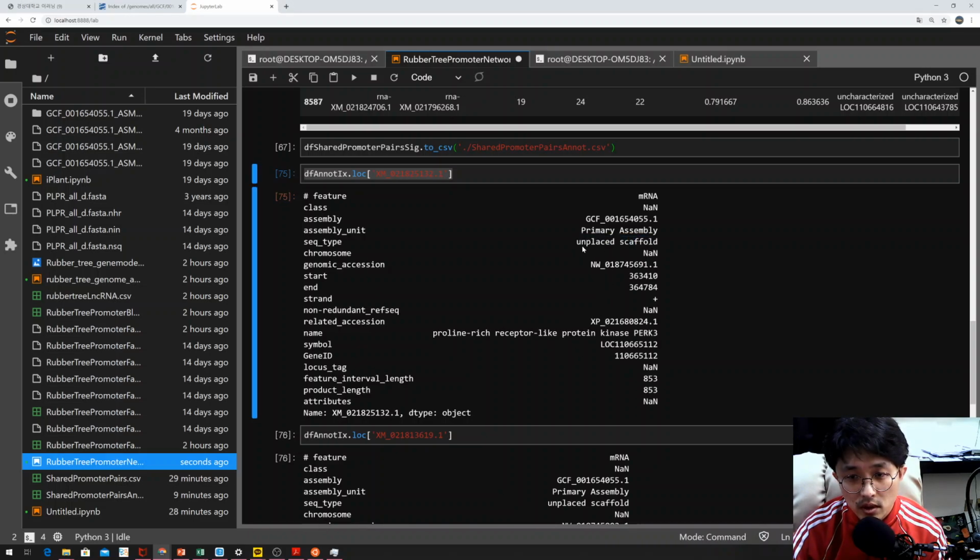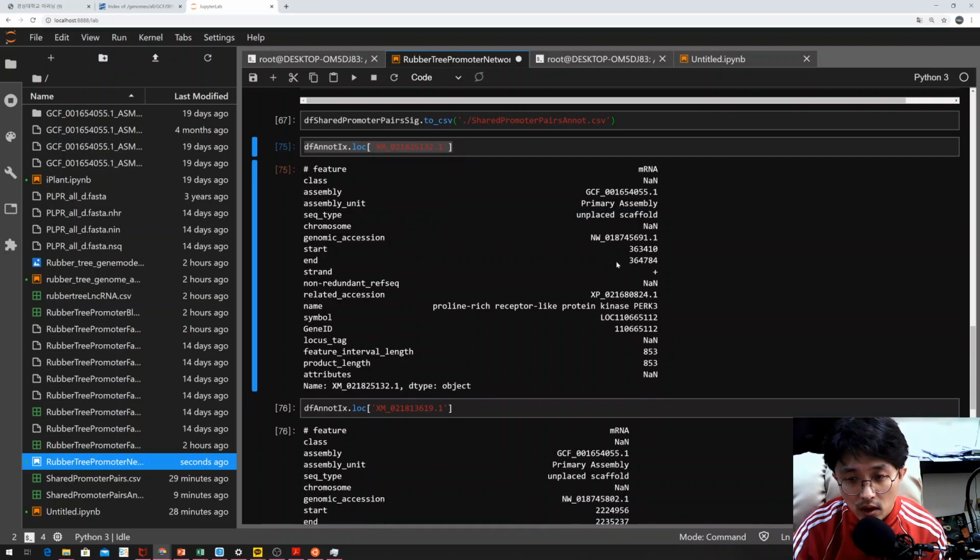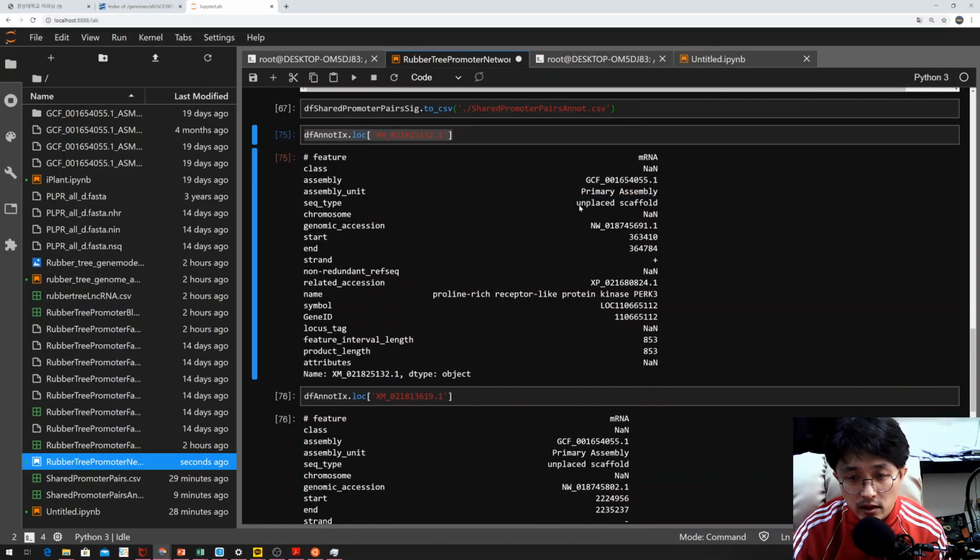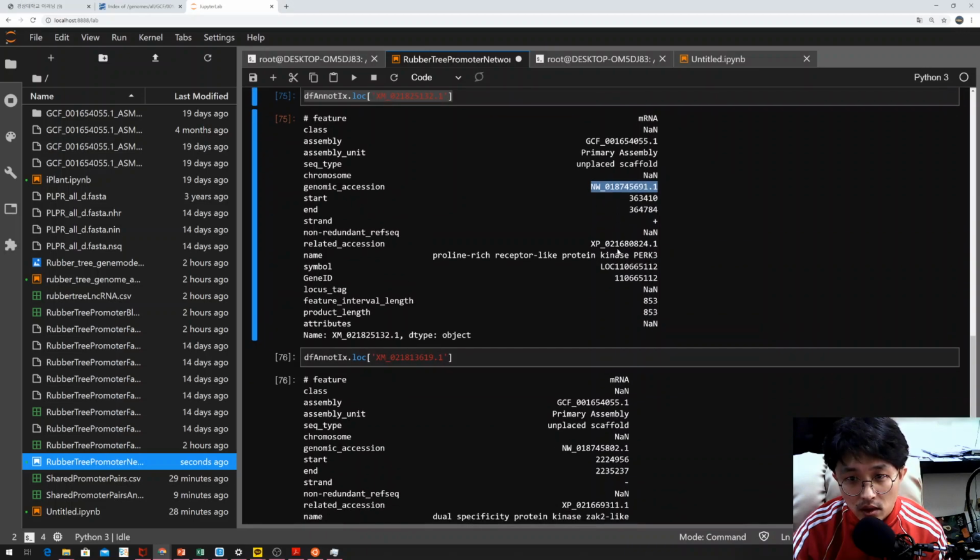Unplaced scaffold means that they don't know which chromosome contains this scaffold. So this should be the scaffold accession, and this scaffold and this scaffold are different from each other. And the start and end points are also different.